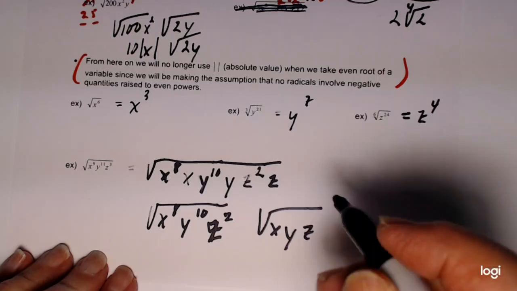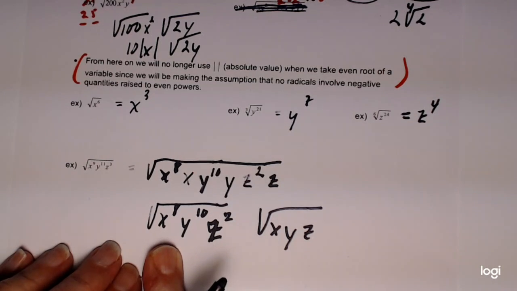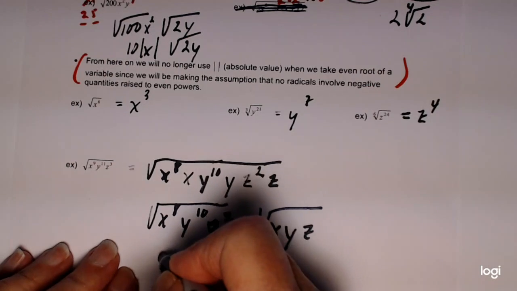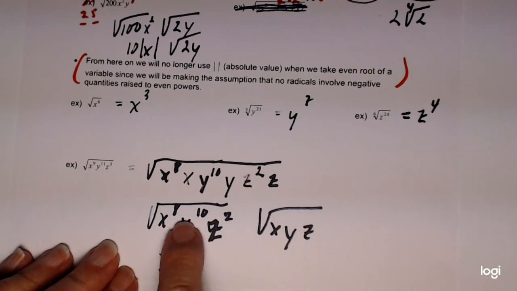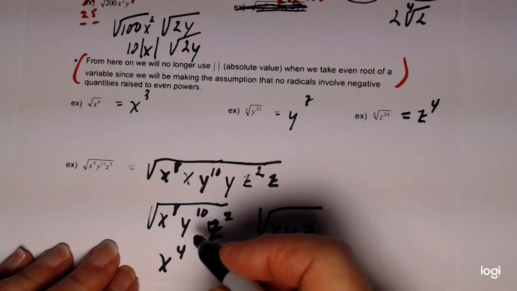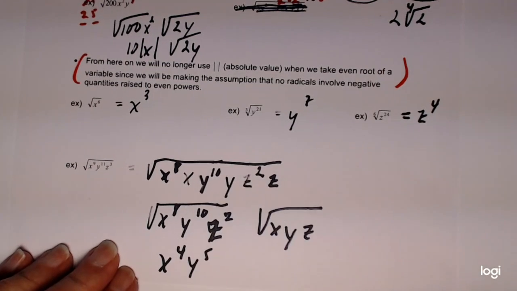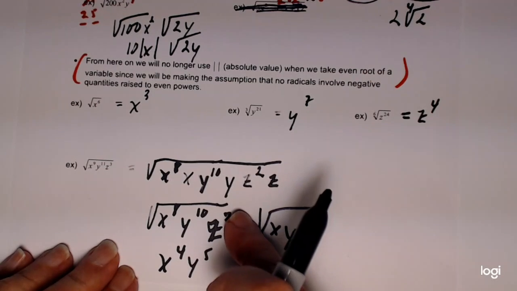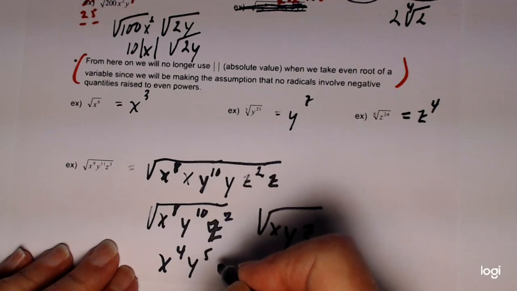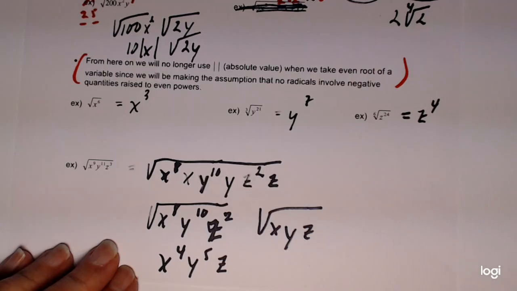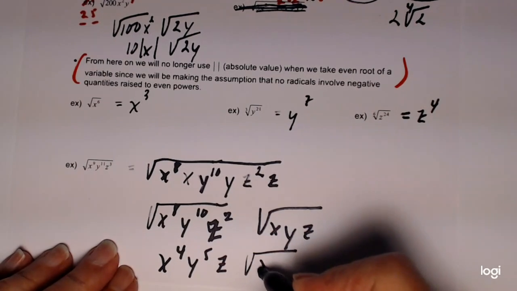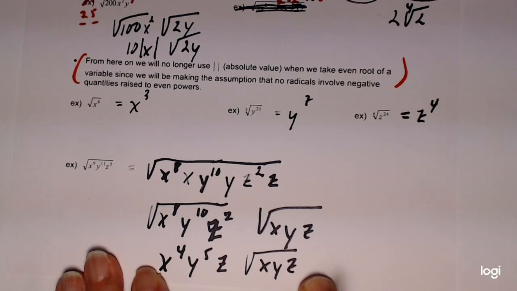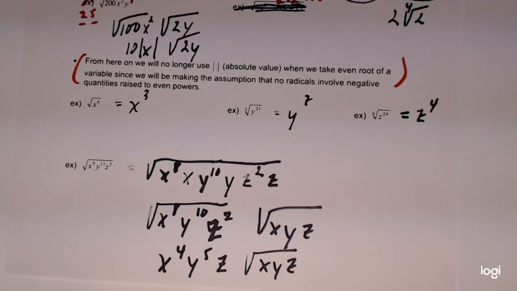Now we can take our roots here. Square root, divide by 2, 8 divided by 2 is 4, so we have x to the 4. Y to the 10, 10 divided by 2 is 5, so we have y to the 5th. And then z squared, 2 divided by 2 is 1, so we just have z to the 1, or z. And then this information in this radical just sits because we are not able to simplify this anymore.